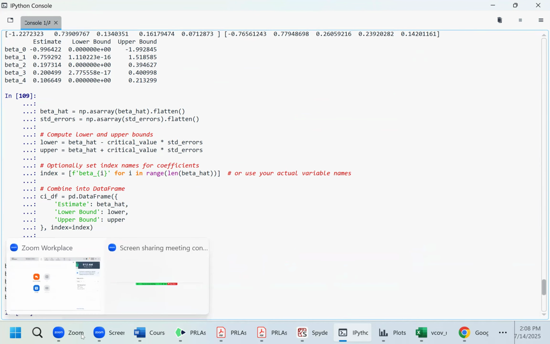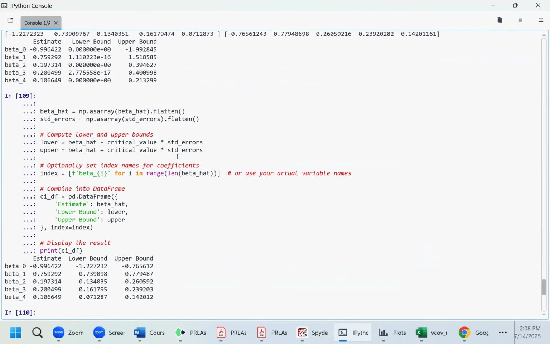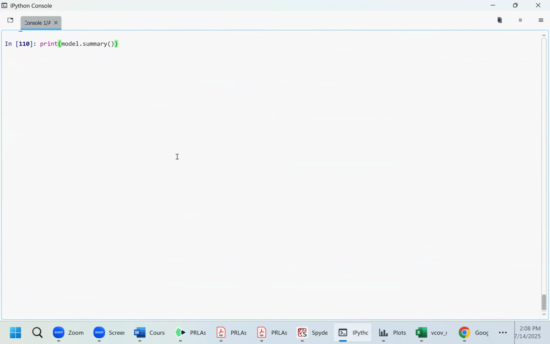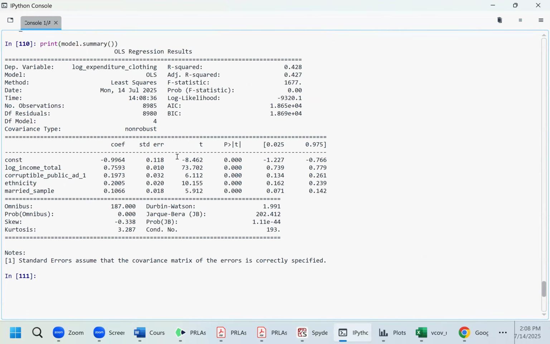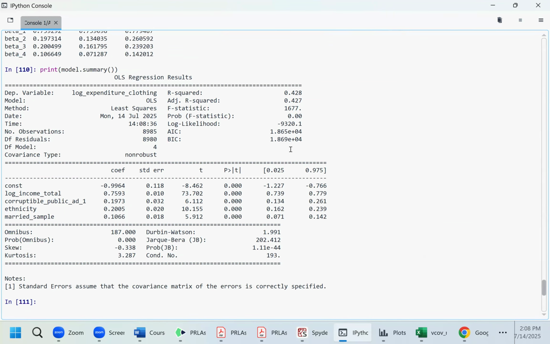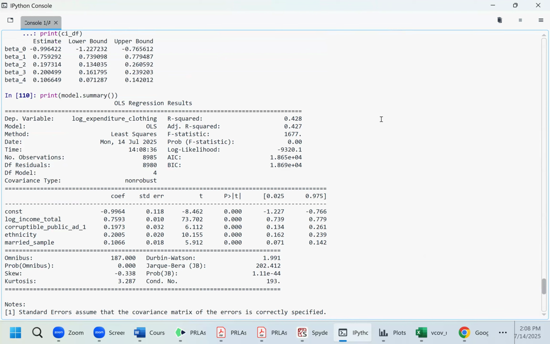Good. Now we want to compare with what we have, right? Ladies and gentlemen, do you think that we have the same? Good. Okay, so this is just an example of what we think that we are doing.